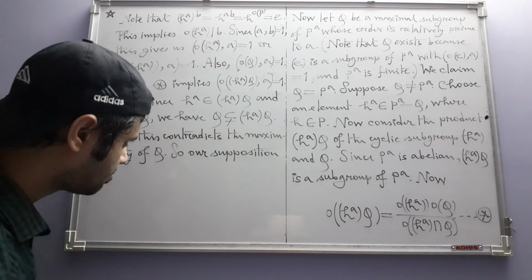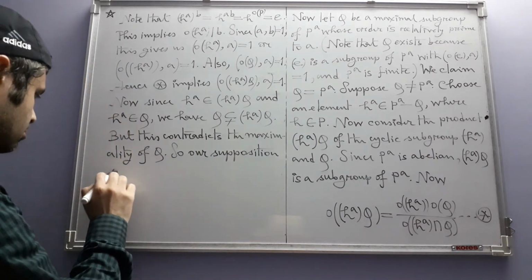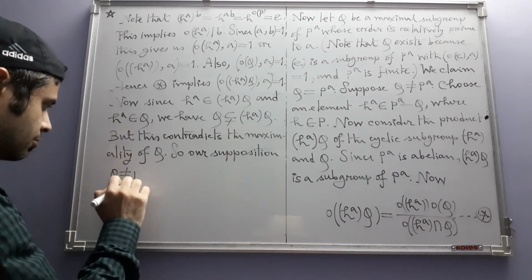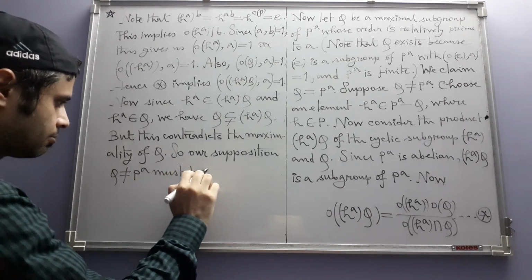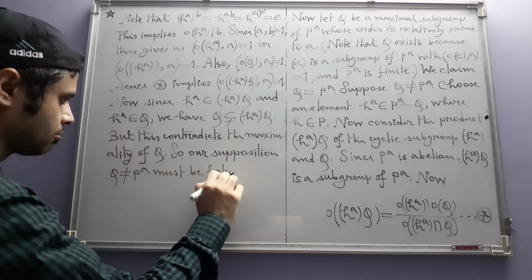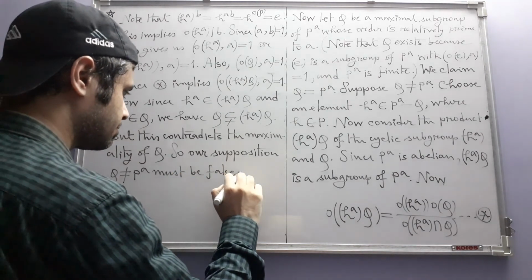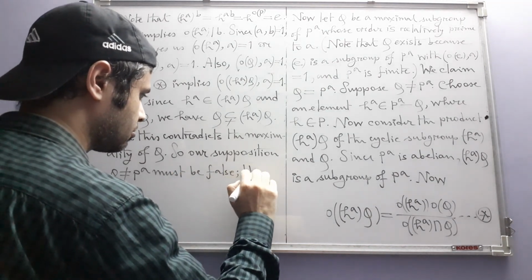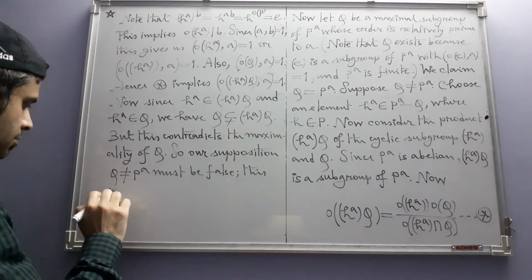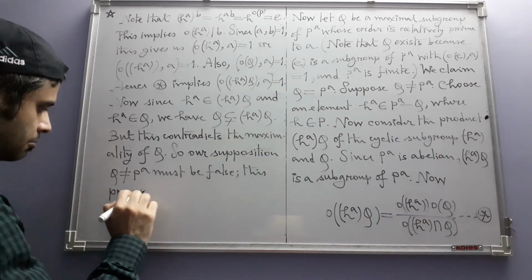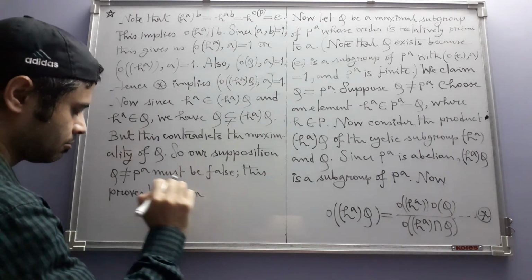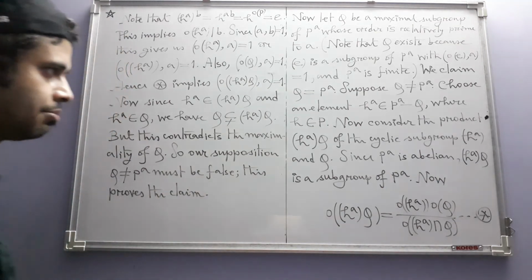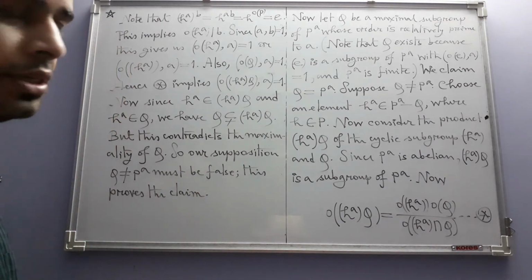So our supposition that Q is not equal to PA must be false. This proves the claim. That means Q must be equal to PA.